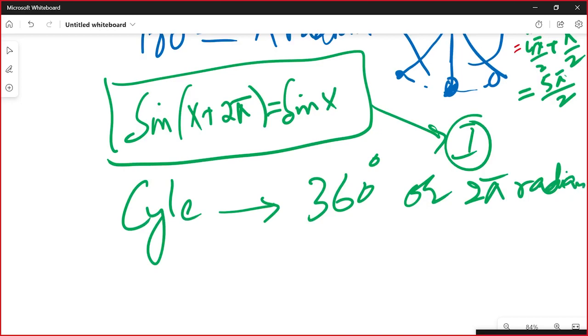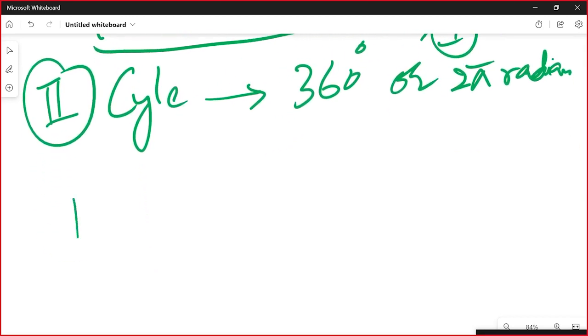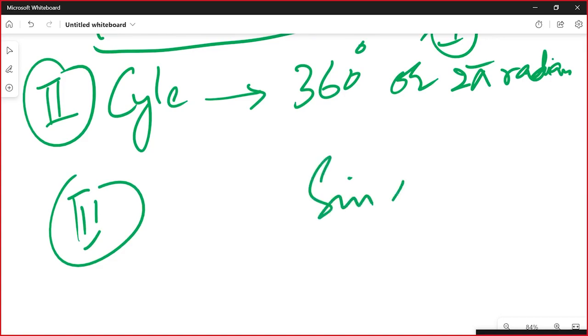And then the second thing, let me write it like this. Then the third thing, which we just discussed: sine x is less than or equal to 1 and greater than or equal to -1. So this is the range.